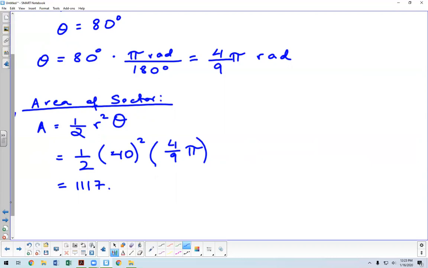So 1117.01, that's basically 1117, and what's your unit of measurement here? Yeah, because it's area, remember, and since you are doing r squared, so that's your distance the sprinkler sprays, so that's going to be square feet, or however you want to write it.